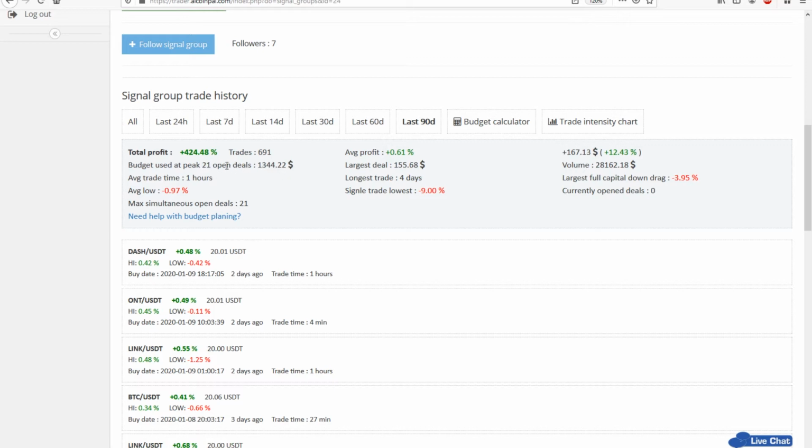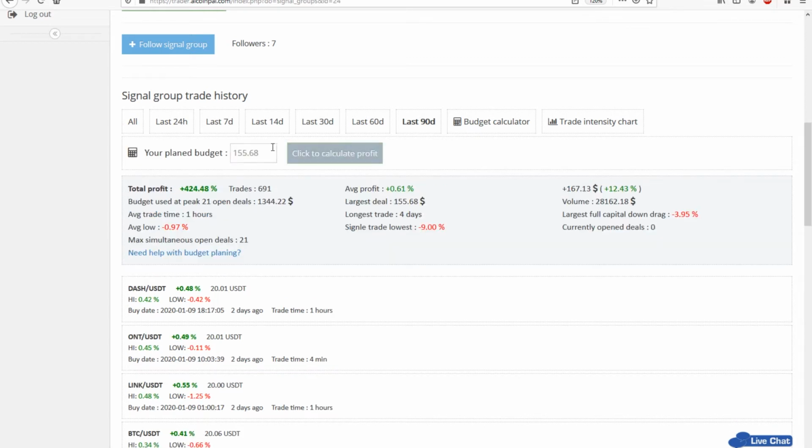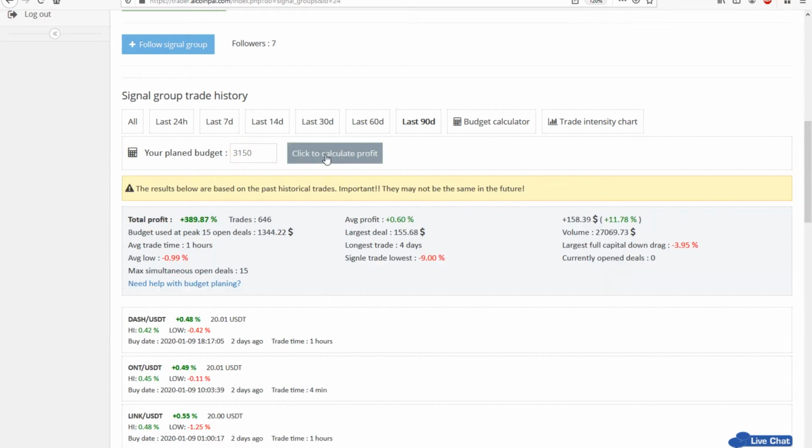But at the peak moment, the system used nearly only half of the budget that it could have used, or that we have set up. Let's say we have a budget of 155 times 21, which would be nearly around 300, something like this.